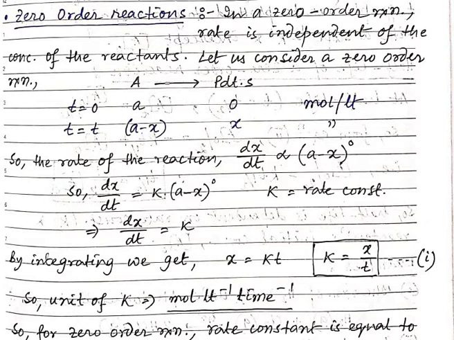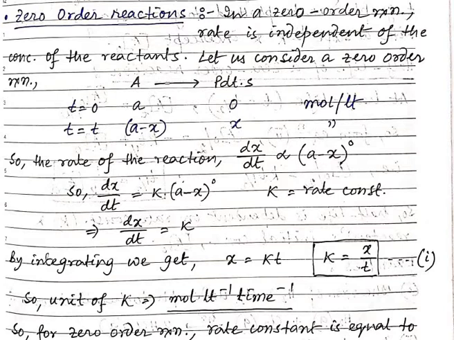Okay, so how can we write the rate of the reaction? We can write dx/dt is proportional to a minus x whole to the power 0.